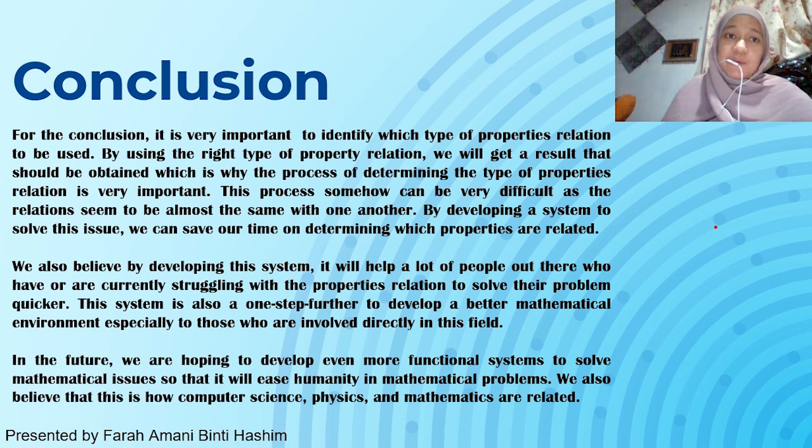This process can be very difficult as the relations seem almost the same as one another. By developing a system to solve this issue, we can save time on determining which properties are related. We also believe this system will help a lot of people who are currently struggling with properties of relation to solve their problems quicker.